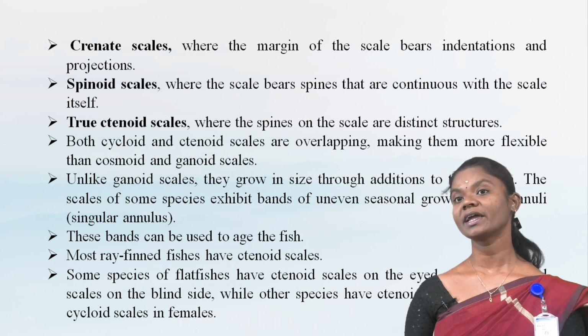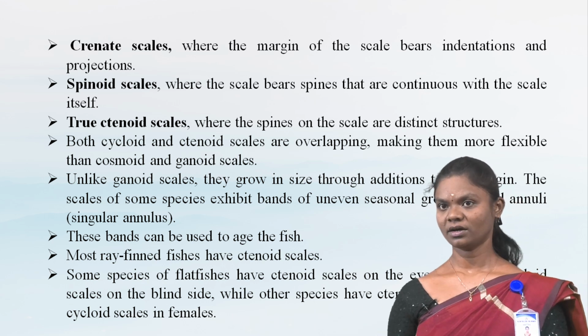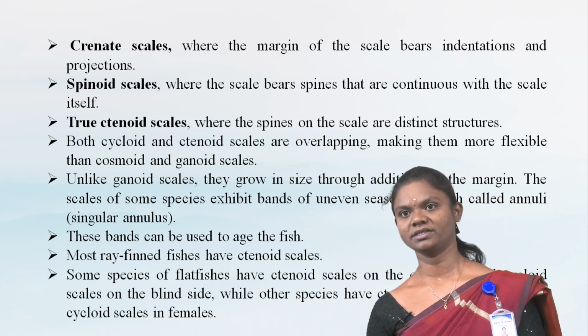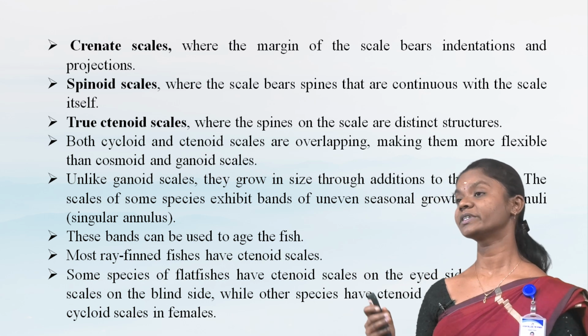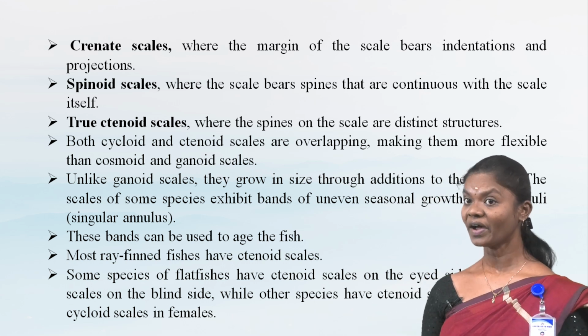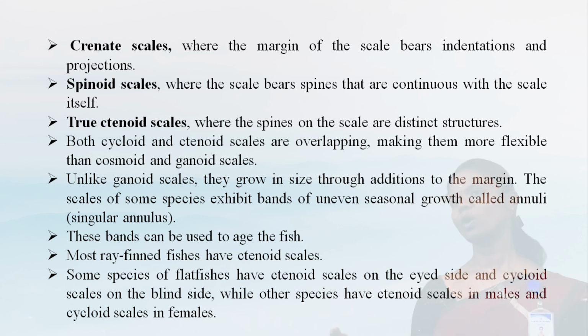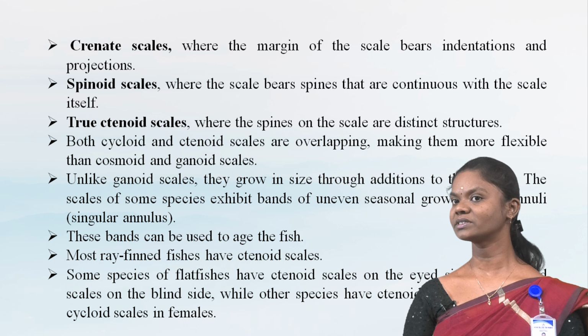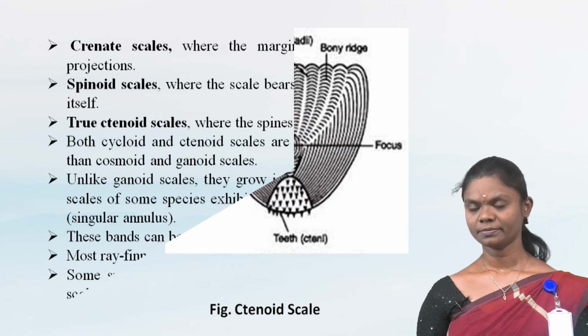Most ray-finned fish have ctenoid scales. Some species of flatfish have ctenoid scales on the eyed side and cycloid scales on the blind side, while other species have ctenoid scales in males and cycloid scales in females.